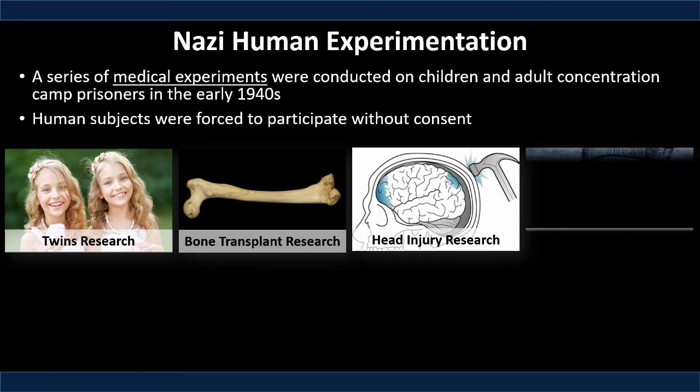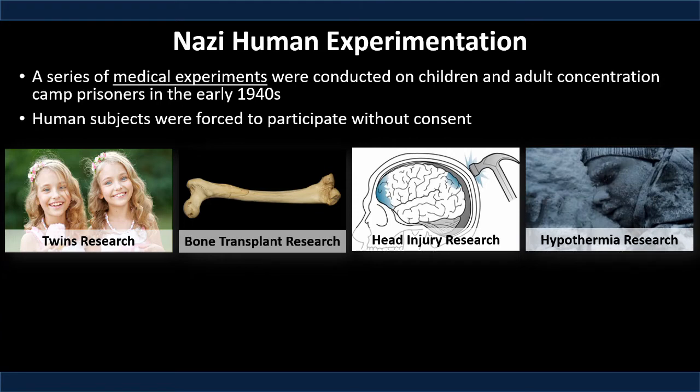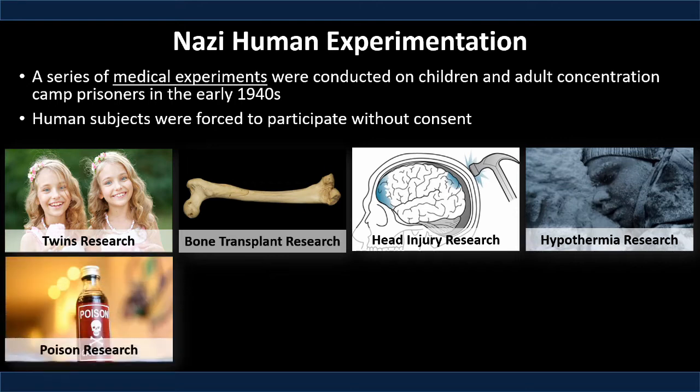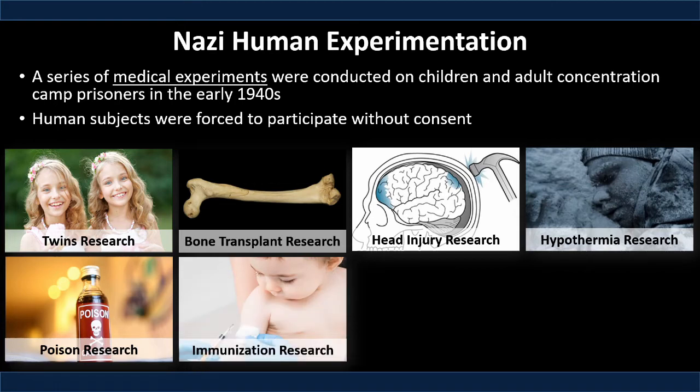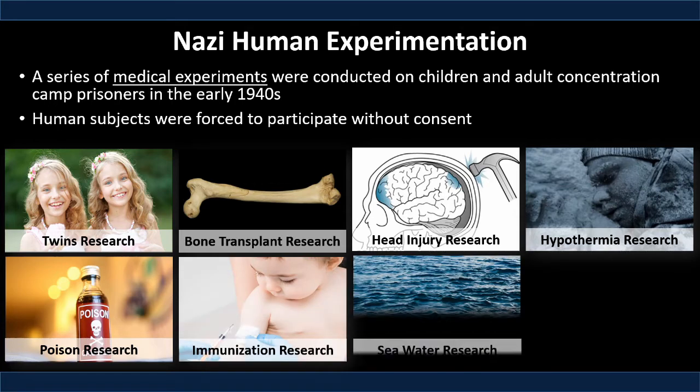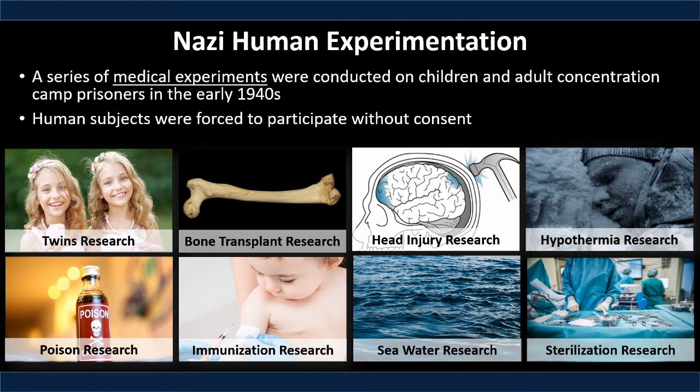They dropped the temperature of inmates to see how long they could remain in a state of hypothermia before they finally succumbed to the cold. They also did poison research, research on dangerous immunizations, consumption of seawater research, and experiments with the goals of sterilizing millions of people quickly and easily.